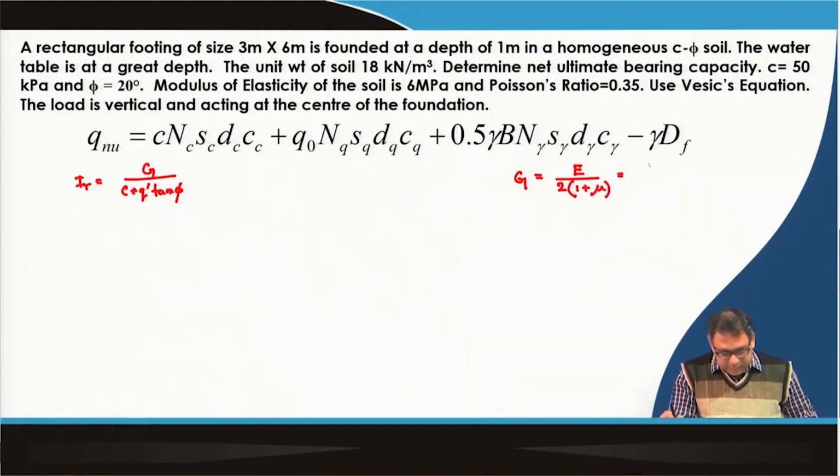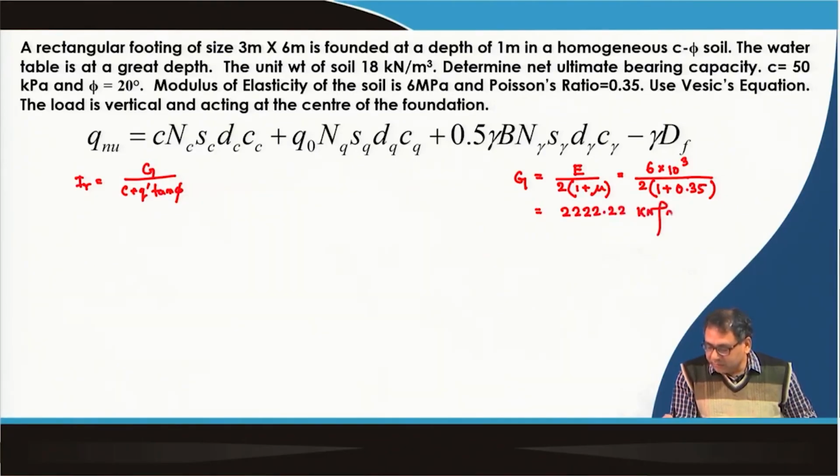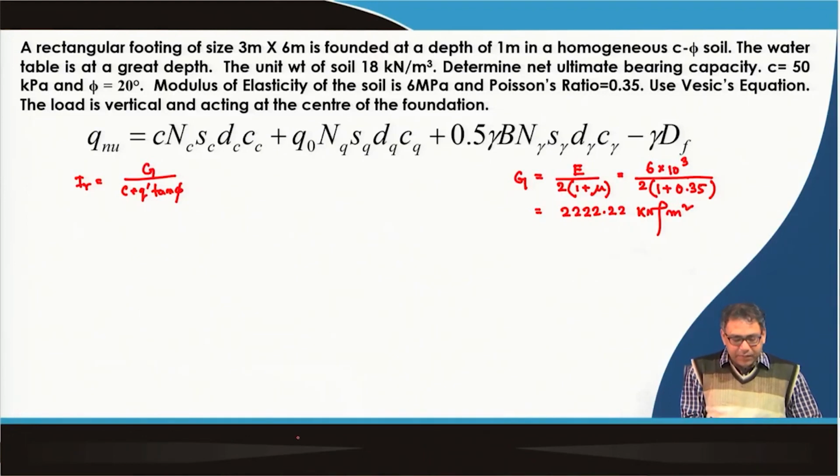E is given 6 MPa, that means 6 into 10 to the power 3 kPa, divided by 2 into (1 plus mu), mu is given 0.35. So, G value is coming out to be 2222.22 kilonewton per meter square.